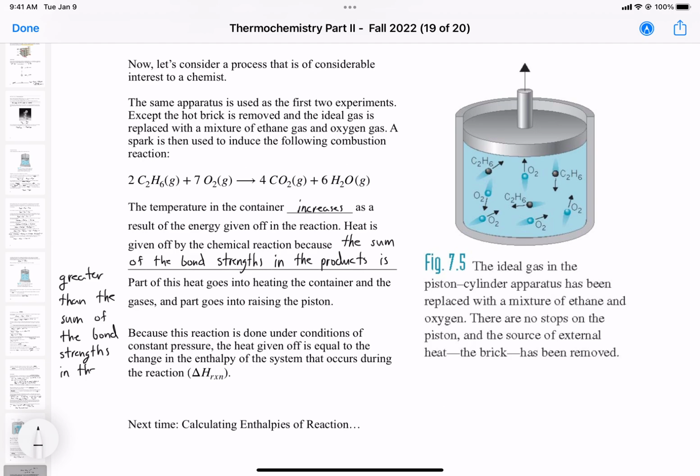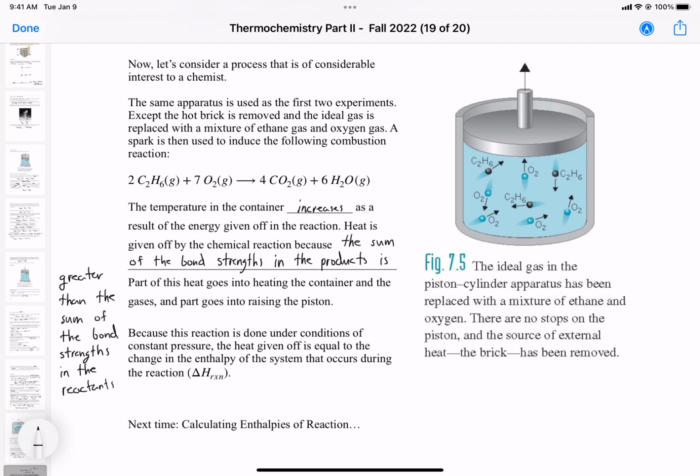Okay, so energy is released if the energy of the products, so basically the energy of the bond strengths, is greater in the products than the reactants. When that happens, there's a net increase in the release of energy. So in this case, we go to a more stable product.